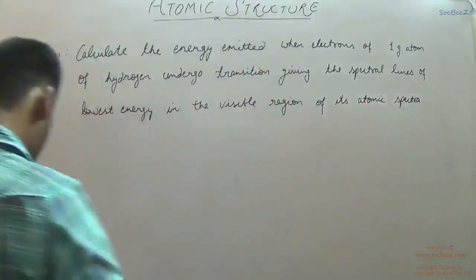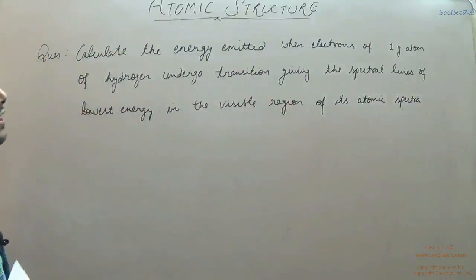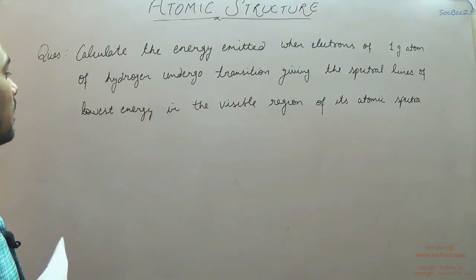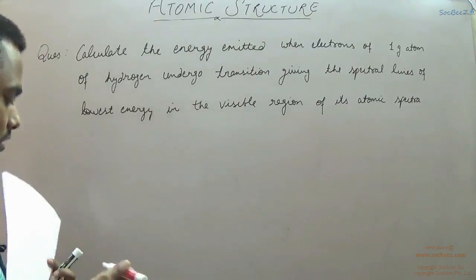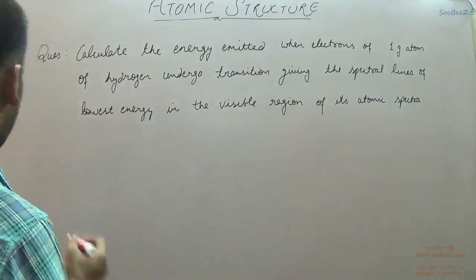Okay, so it is asking us to calculate the energy which is emitted when electrons of 1 gram atom of hydrogen, it means 1 mole of hydrogen, undergo transition, giving the spectral lines of lowest energy in the visible region of its atomic spectra.